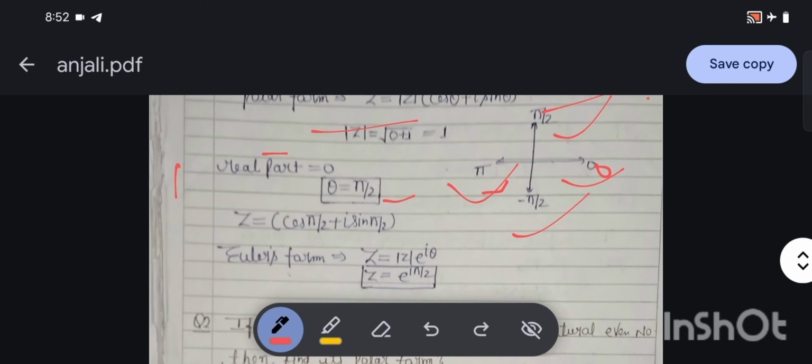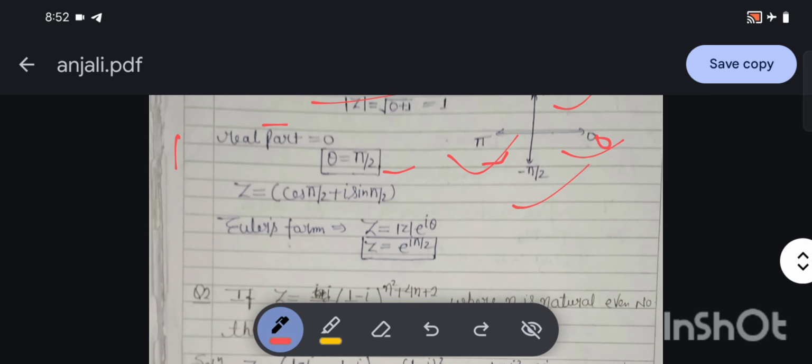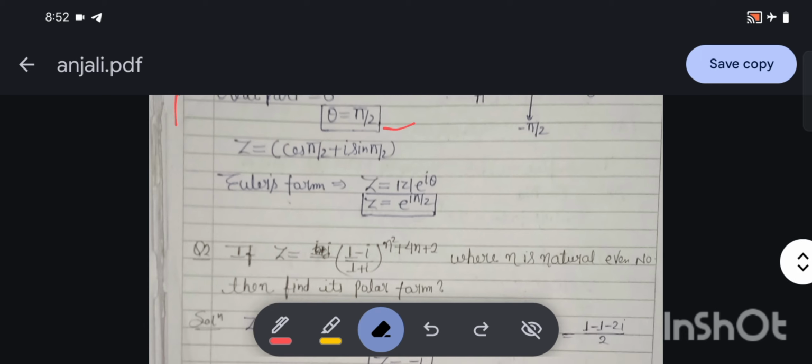It is clear? Okay, so z is equal to r, 1, cos pi by 2 plus iota sin pi by 2. And what is the Euler's form? Euler's form, z is equal to r e to the power iota theta, and we know very well the value of mod of z is 1. So 1 e to the power iota pi by 2.